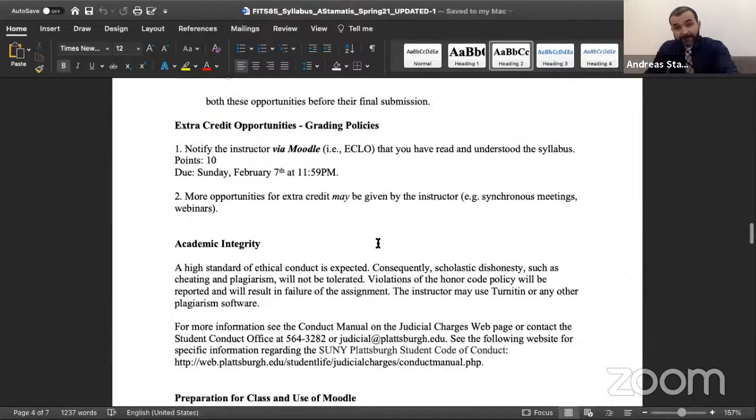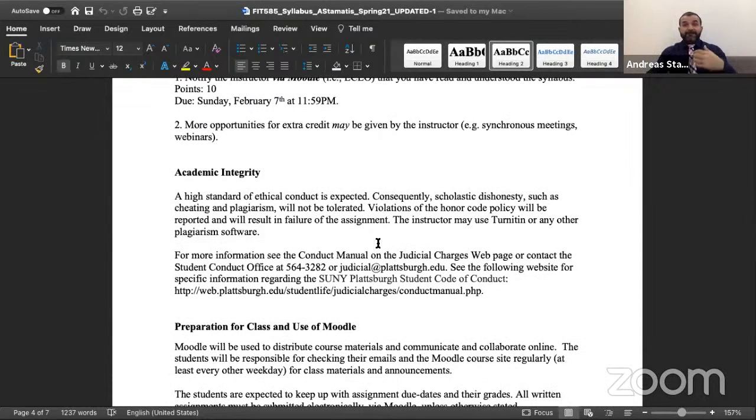Concerning academic integrity, I hope I'm dealing with grad students, mature individuals. Do not put me in an awkward position, right? Whatever you write, use your own words. I have plagiarism software, and automatically I get feedback if it's copied and pasted from somewhere else. Do not do that, please. Do not copy from your peers.